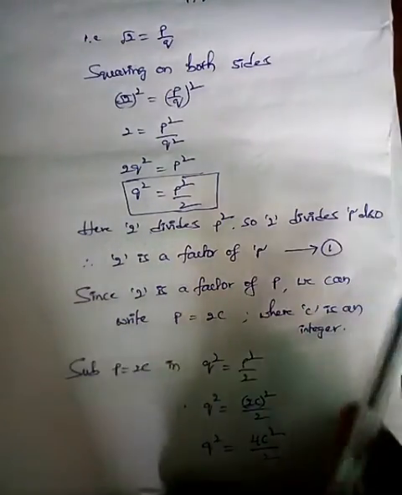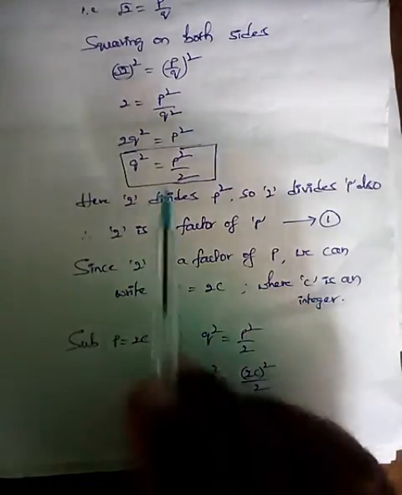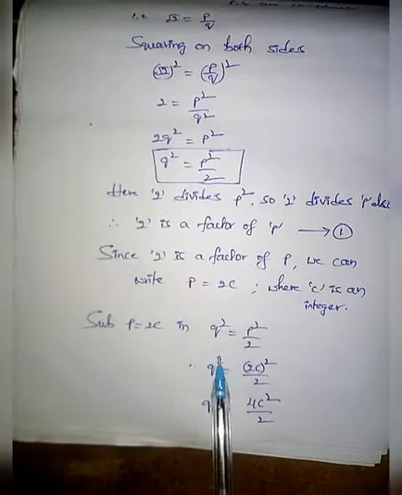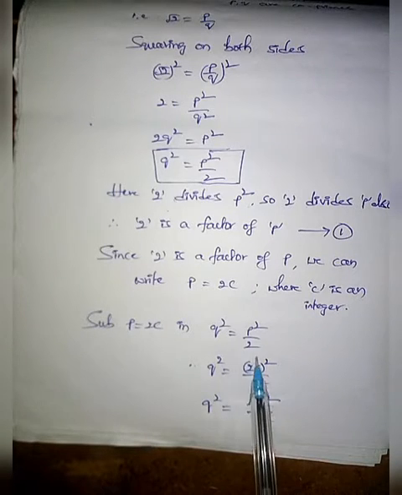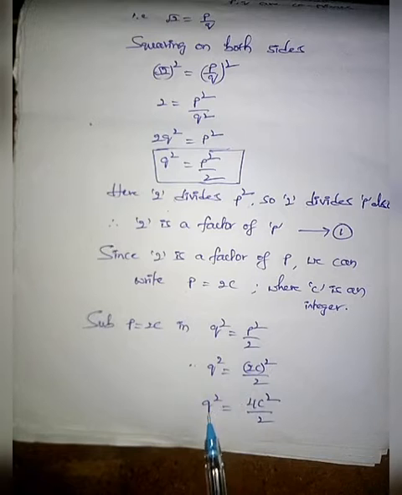Now substitute p equal to 2c in the equation q square equal to p square by 2. Then q square equals 2c whole square by 2, because p equals 2c. That's why p square is 2c whole square.